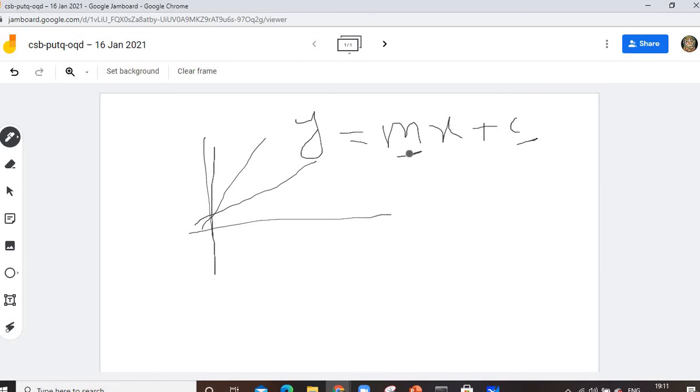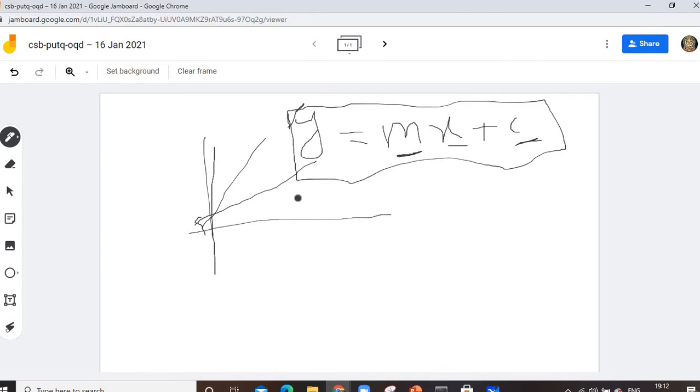M is the slope or coefficient, and C is the intercept. X is my original data points, Y is predicted. This is the equation we have learned on the linear regression model.